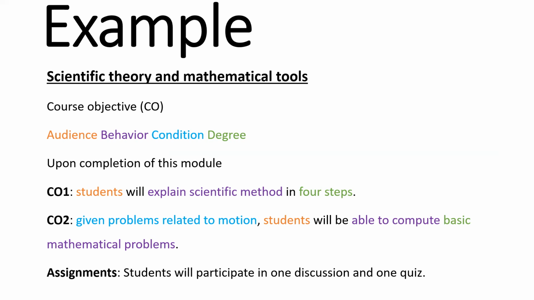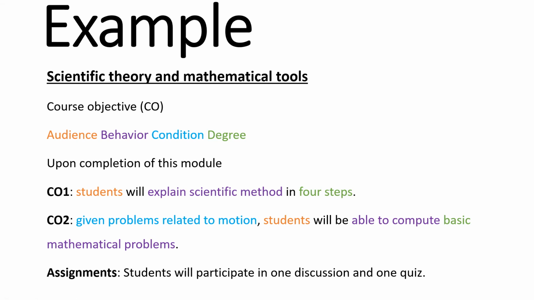So upon the completion of this module or this course, we can say, right? Students will explain the scientific method in 4 steps. So this is one of the course objectives. Who is our audience? Students, which is number 1. What is behavior? Explain the scientific method.